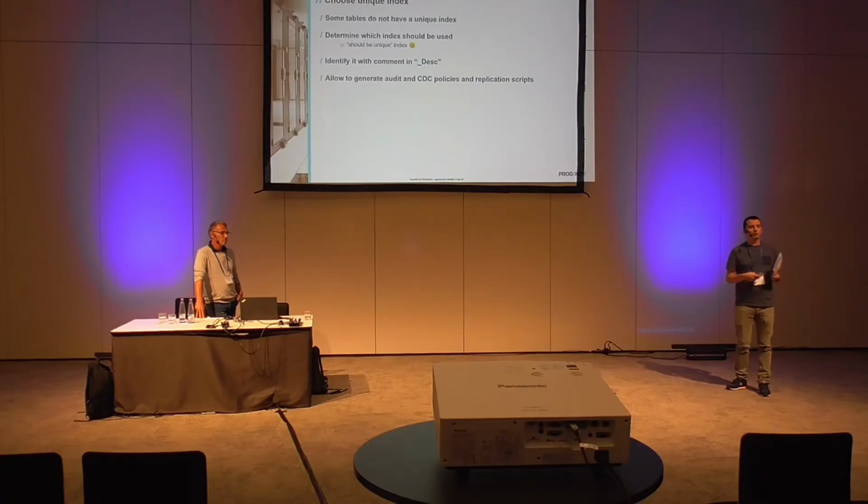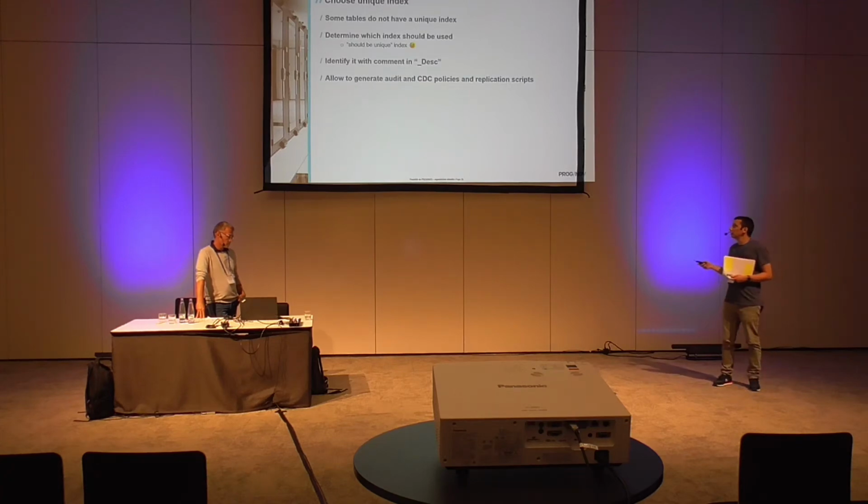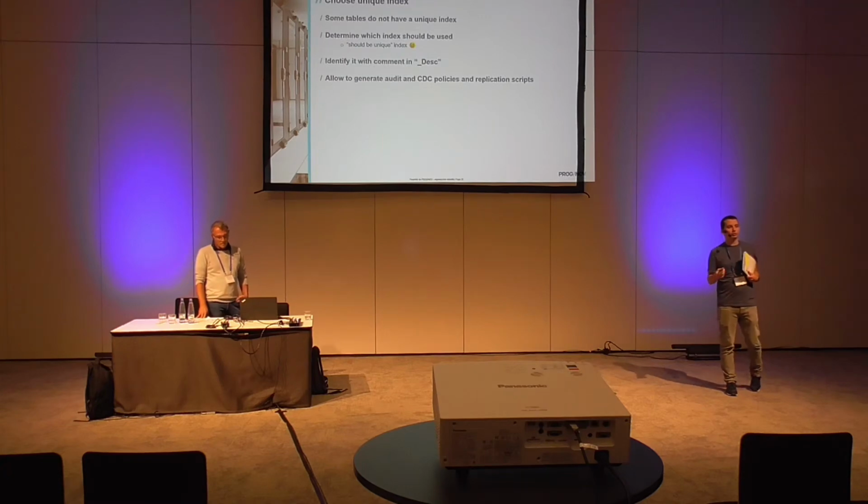It's a problem because if we want to automate and create policies and scripts automatically, we have to retrieve the identifying fields automatically, and for this we are looking first for the primary key, the primary unique index. So we have to manually define which index should be used for this. It should be a unique index.